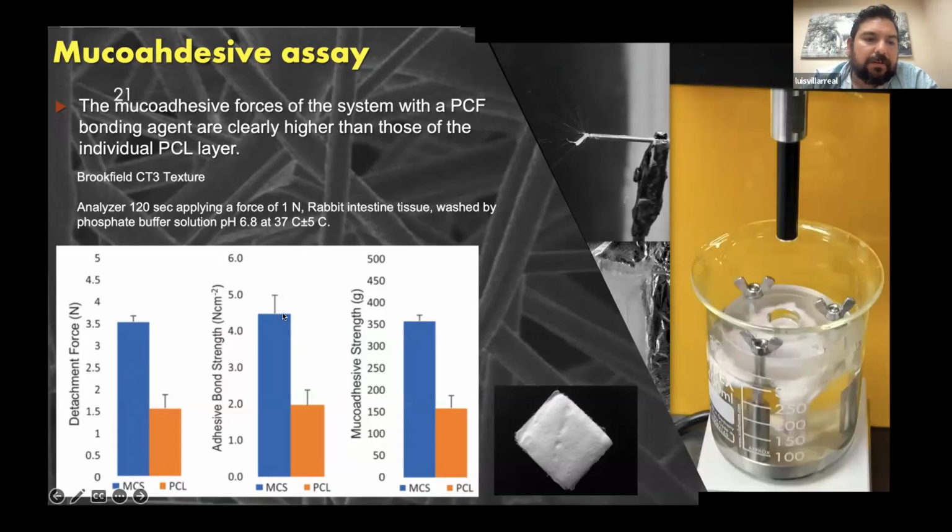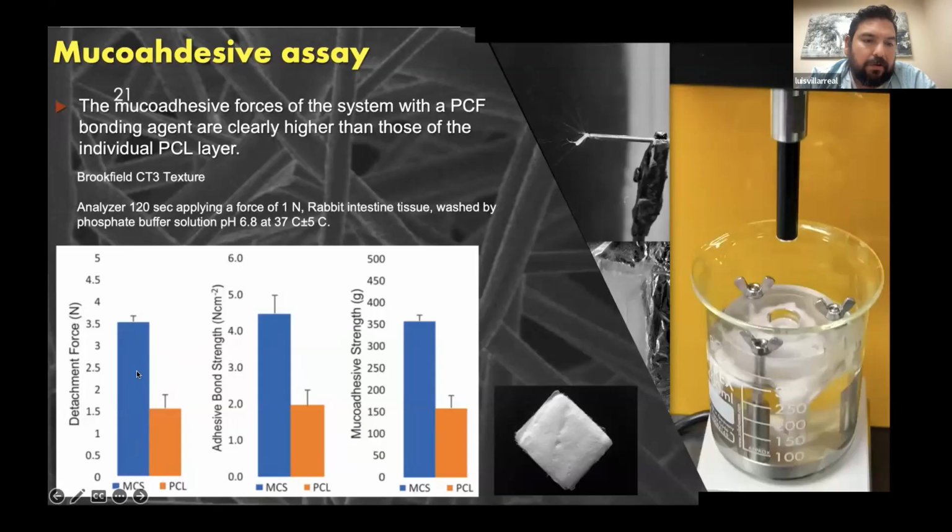For these results, we tried to find data in the literature to compare with, and we did not find much. So we compared the mucoadhesive system, MCS, against the pristine polycaprolactone fibers.